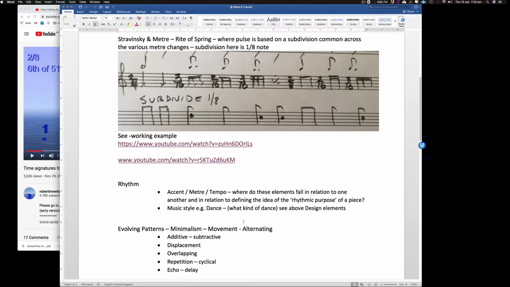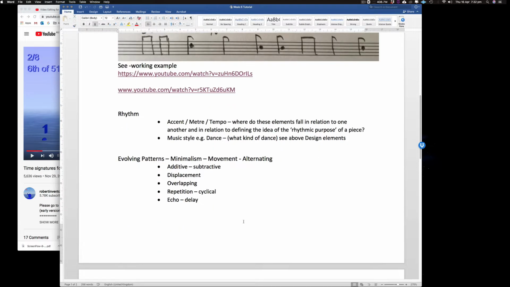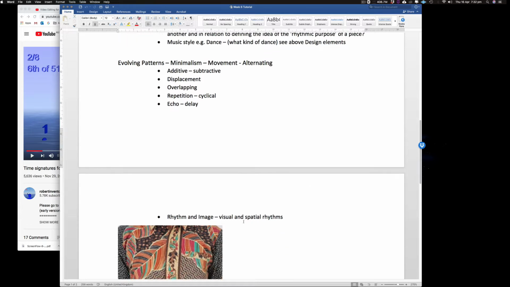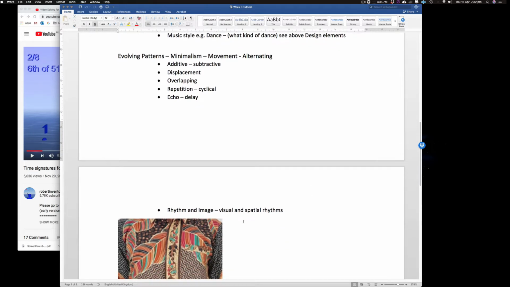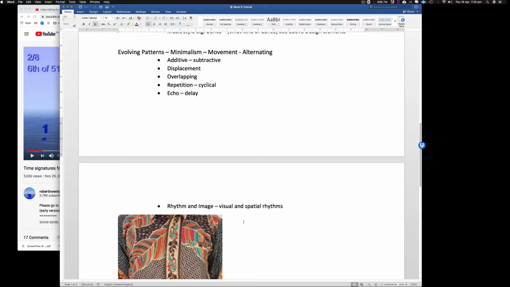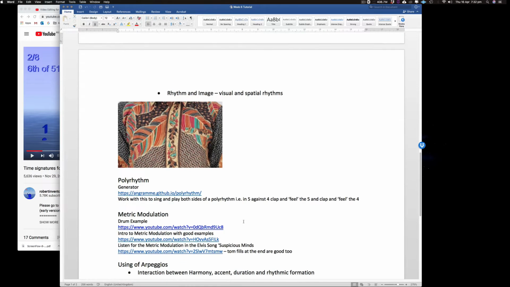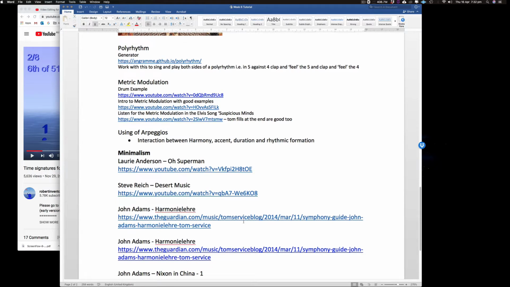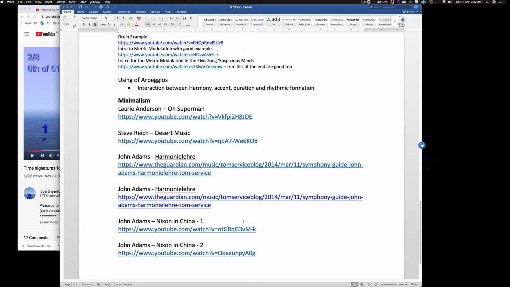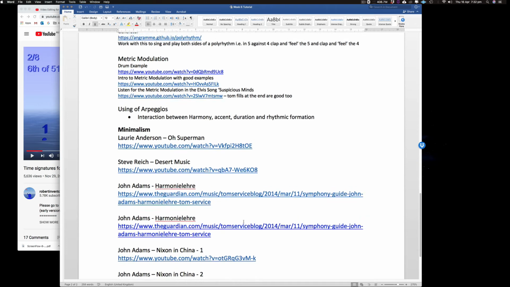So if we look at the idea of rhythm through the lens of all the things we spoke about in the lecture, we're still looking at the idea of evolving patterns and so forth. I put all this stuff up in the lecture.